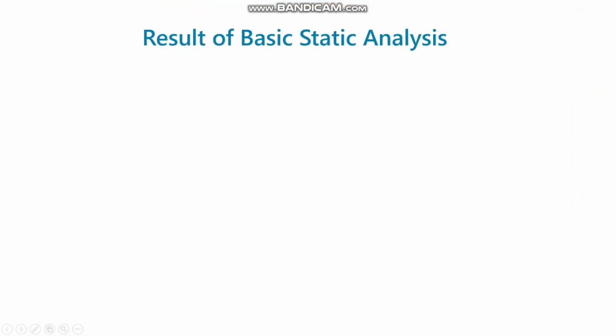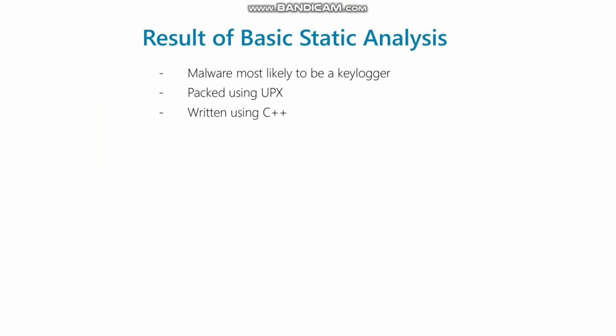From the results of the basic analysis, we can see the following: the malware is most likely a keylogger, from VirusTotal. It's packed using UPX, which we saw from PID, and it's written in C++, most likely, which we also saw in PID.